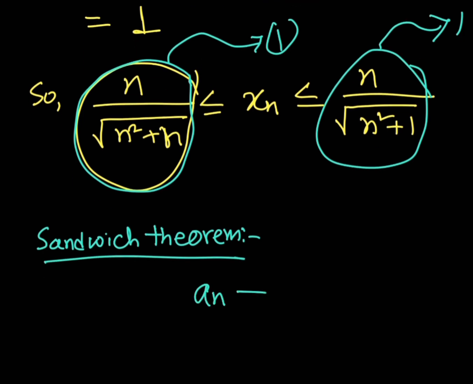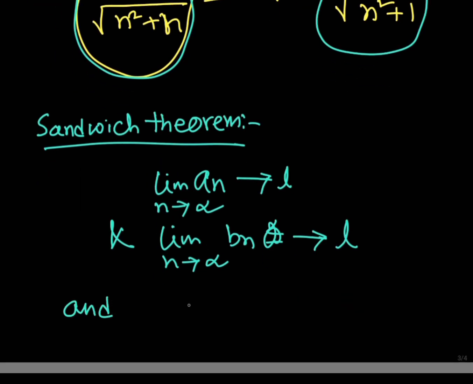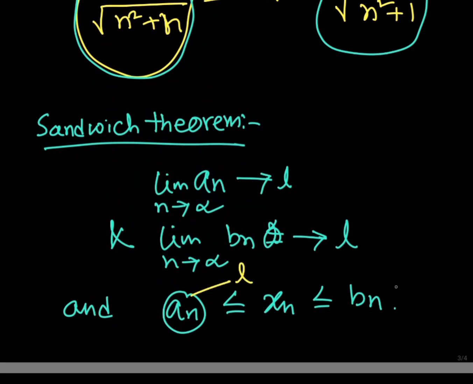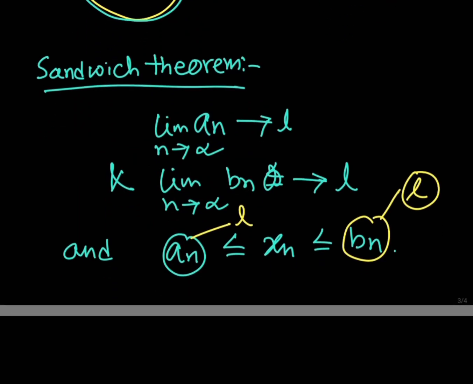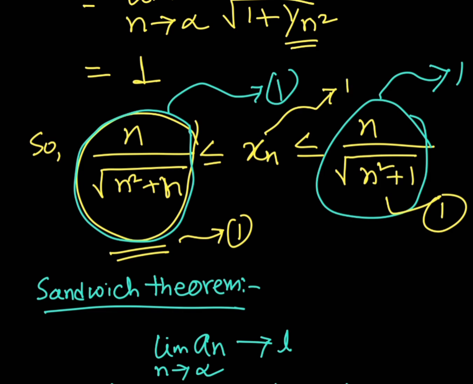If the limit as n tends to infinity of an is L, and the limit as n tends to infinity of bn is L, and if an is less than or equal to xn less than or equal to bn, then the limit as n tends to infinity of xn will also go to L. So in our case, this goes to 1 and this goes to 1, so xn will go to 1.